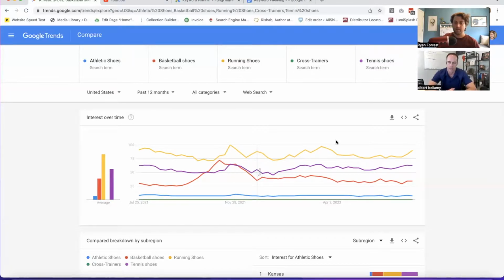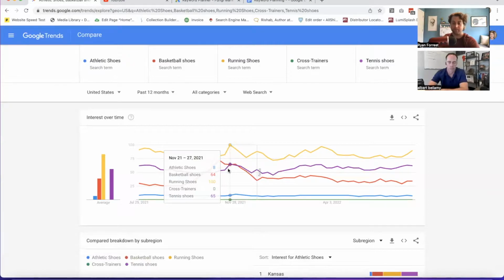Hey, this is when people are going to start looking for them, and then start planning your ad campaigns from that. Yeah, totally. And here again, this is some interesting information as far as how it trends. Look at how significantly it spikes during that holiday period for several of these. It looks like basketball shoes, running shoes, tennis shoes.